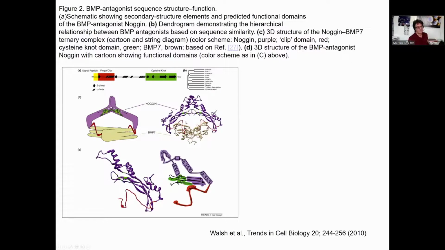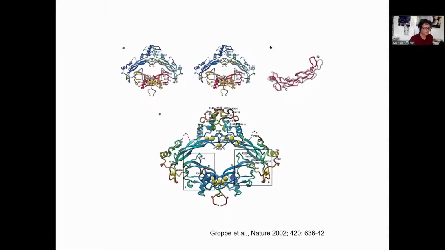So not much has been done with this theory, but it was a Nature full article, a very interesting paper because it showed this structure plus the whole logic of noggin being an antagonist, and again, structure explaining biology.